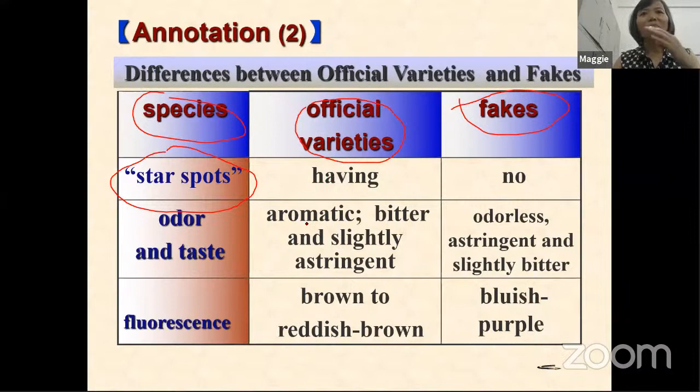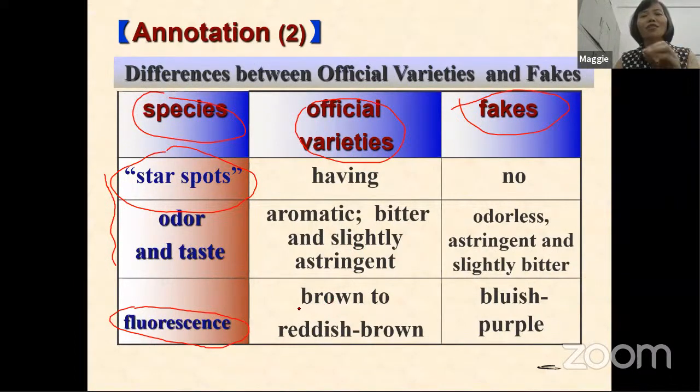Official varieties smell aromatic, but fakes are odorless. Official varieties taste slightly astringent, but fakes taste slightly bitter. These are microscopic characters. Also, we can identify the crude drug by fluorescence test. Put the crude drug under the UV light.